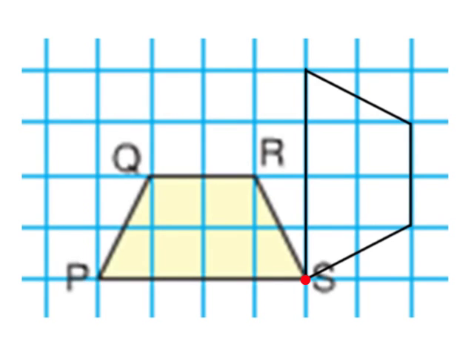So this is where the trapezoid is after rotating. Let's name the vertices. So vertex P has moved to this location. Vertex Q is now over here, and vertex R is over here. Vertex S is in the same position. It hasn't moved because that's the point of rotation.